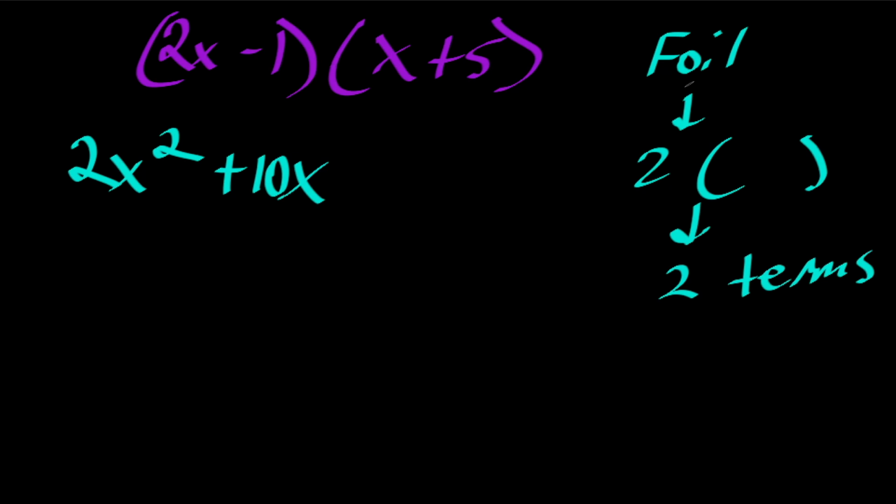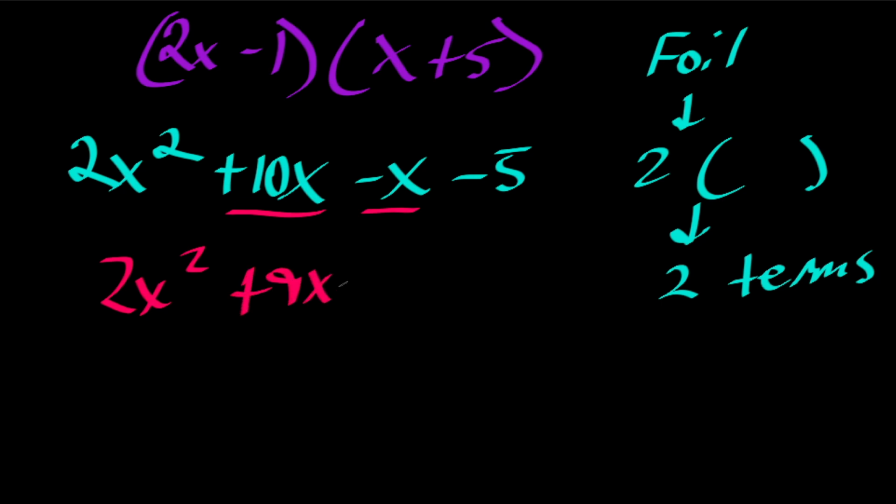Then the inner terms, -1 is going to multiply by x, so it would give me minus x. And then -1 is going to multiply by 5, so that's going to give me -5. So now I combine my like terms, and 10x and x are going to add. So it would give me plus 9x minus 5.